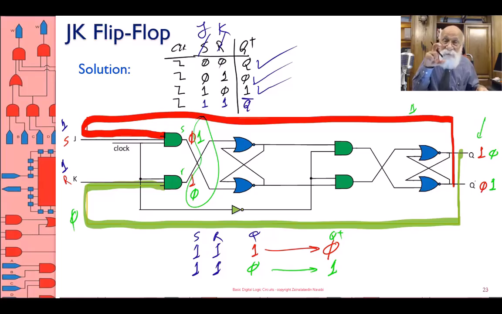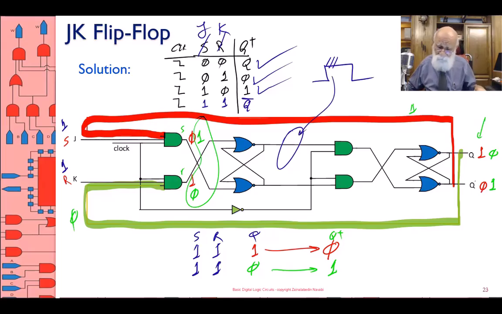It is still a master slave, still non-transparent, still has a clock and everything else. And the clock works like we have shown before. When the clock becomes 1, the input is taken halfway here.